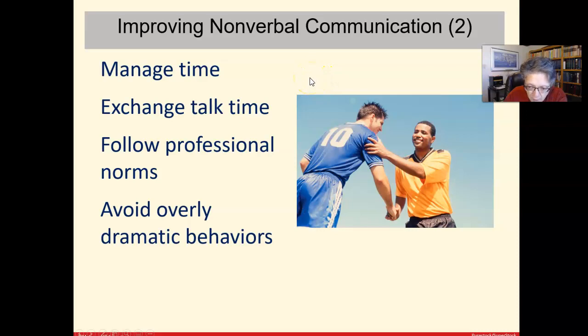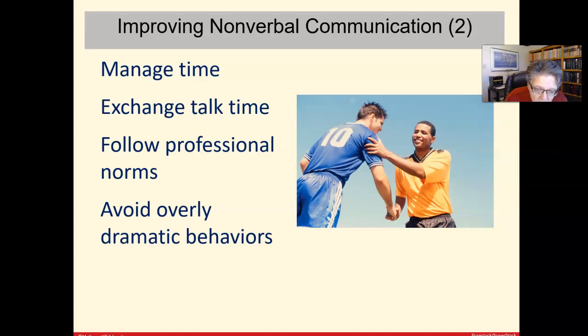So some things that can help us become better at nonverbal communication: managing our time efficiently. So for example, if you promise to do something in a certain amount of time, you want to make sure that you perform that task in time, or that if you have an appointment or a schedule, that you keep that schedule in order to respect other people's time as well.